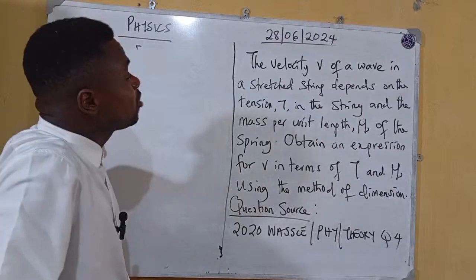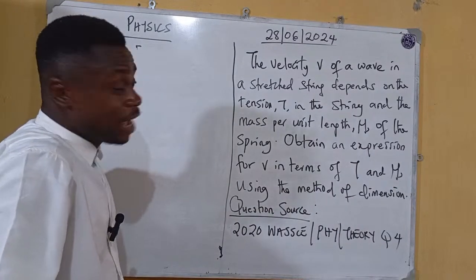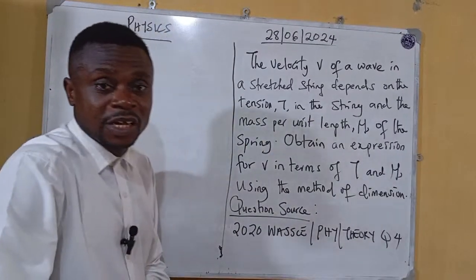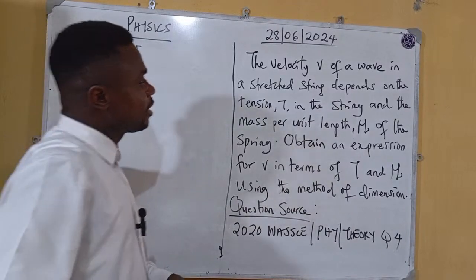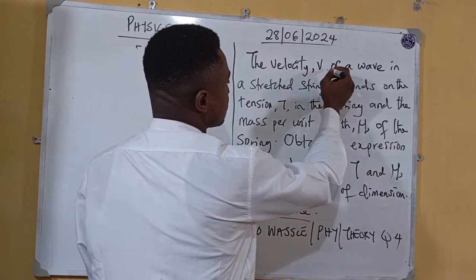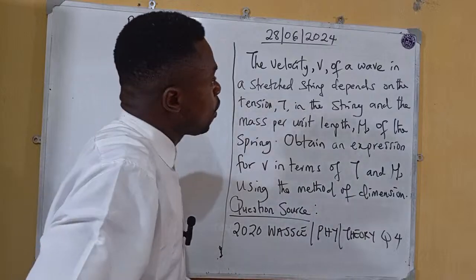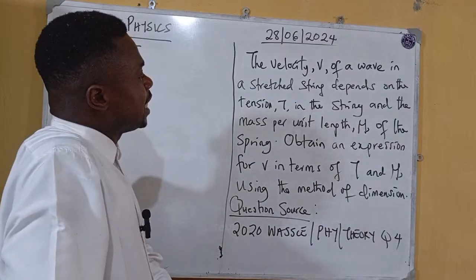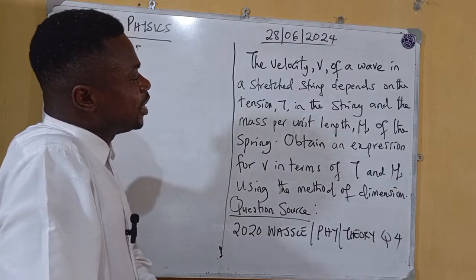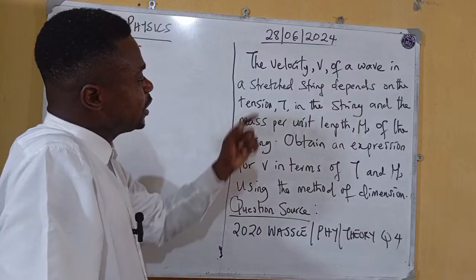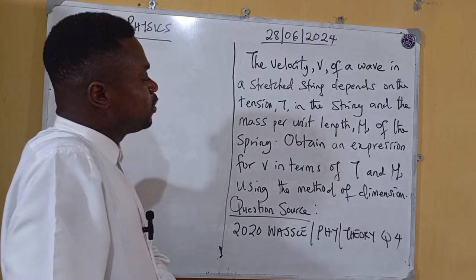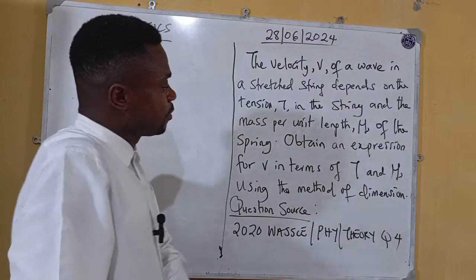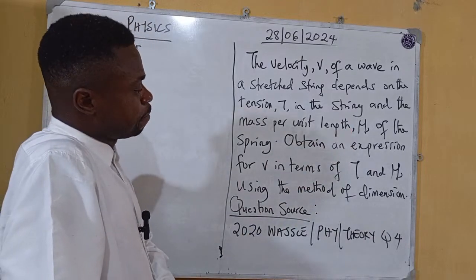Today we'll take a look at physics and we have a question on the board. The question says the velocity v of a wave in a stretched string depends on the tension T in the string and the mass per unit length mu of the string.